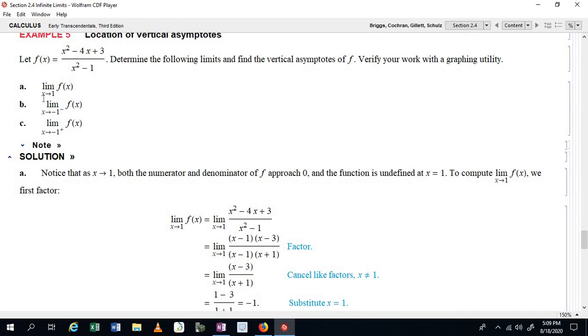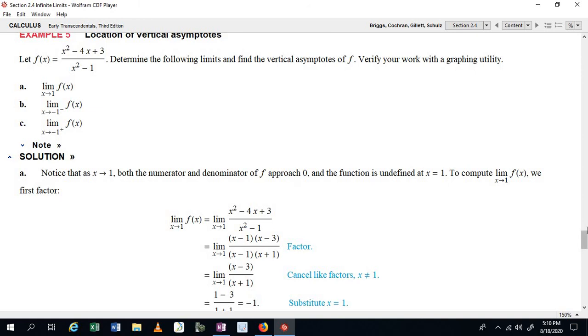Now, x equals +1 did not turn out to be a vertical asymptote, right? It turned out to be the location of a hole. And so if you were trying to show that this was a vertical asymptote, you would find that this limit apparently is not equal to plus or minus infinity. Otherwise, it would be a vertical asymptote by definition.